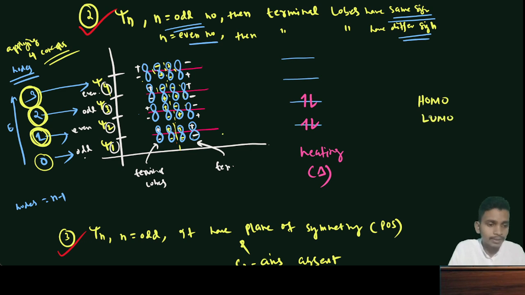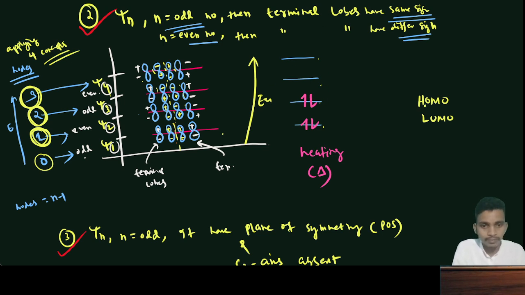HOMO is the highest occupied molecular orbital. Of the four, the one which is highest and occupied is this, since two are filled. Energies follow this order, so the highest means this, so this has to be the HOMO, because it should be highest and occupied.